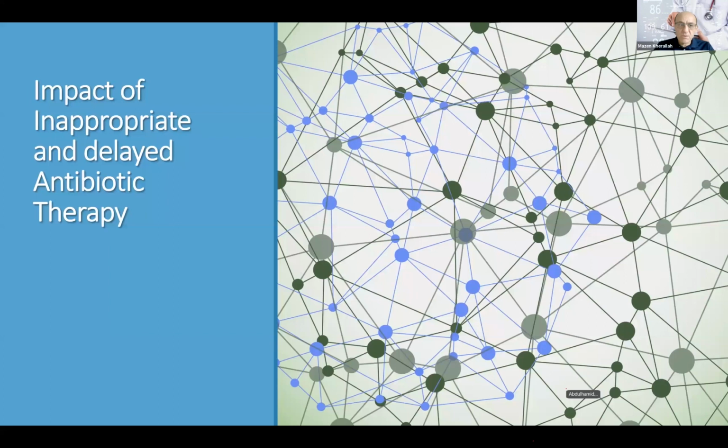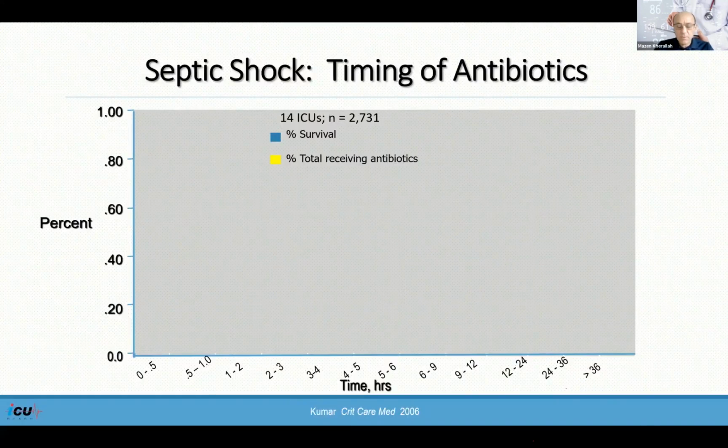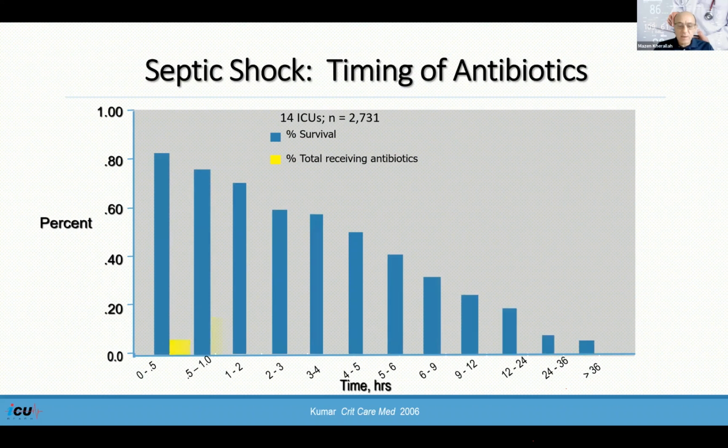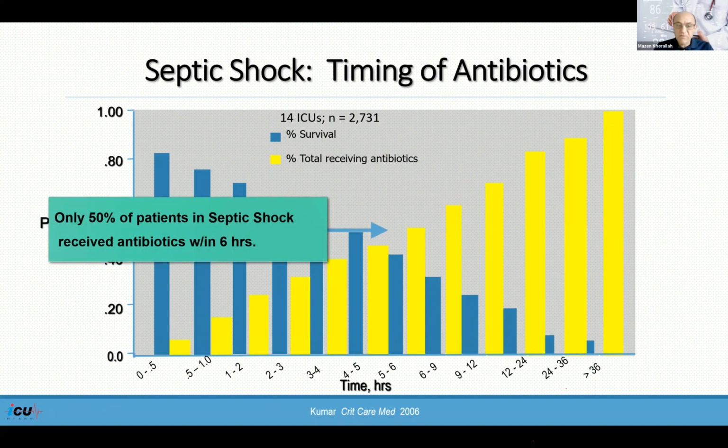So first, the impact of inappropriate and delayed antibiotic therapy. This study, which goes back to 2006, shows that delaying antibiotic therapy happens a lot in the ICU. You can see here that only 50% of patients in septic shock received antibiotics within 6 hours.